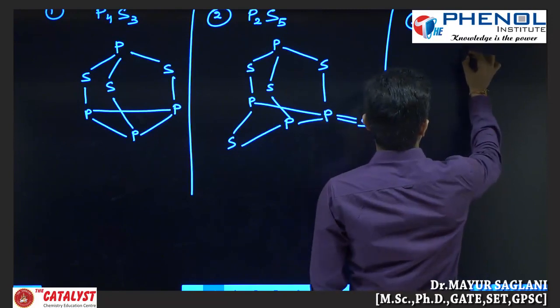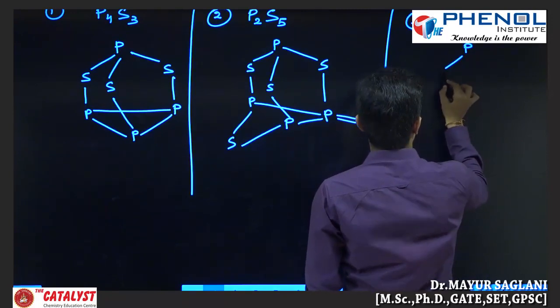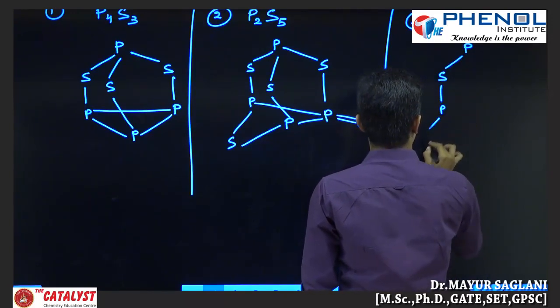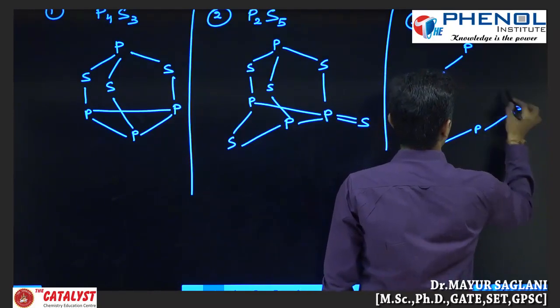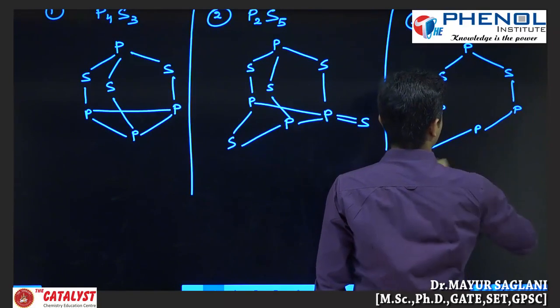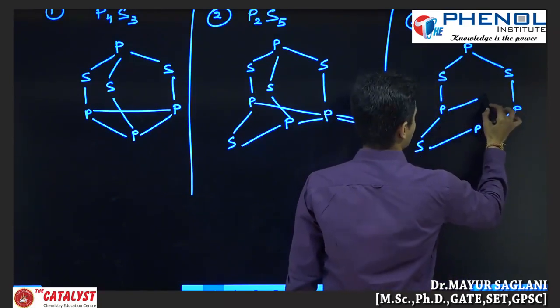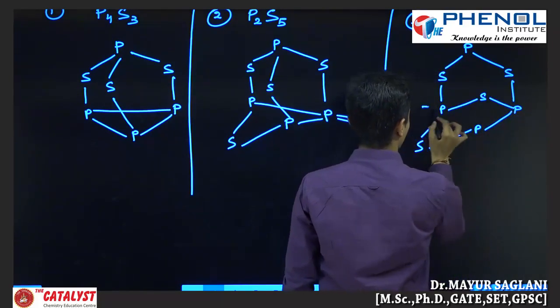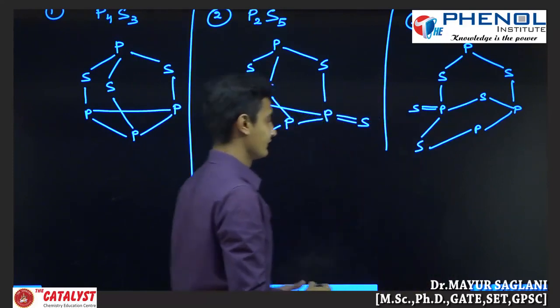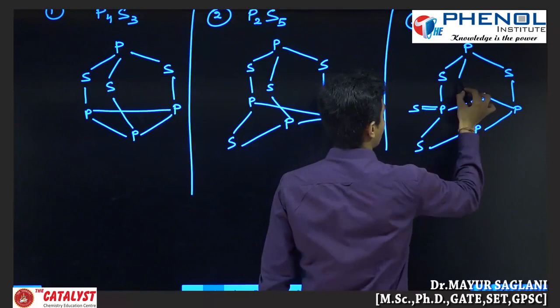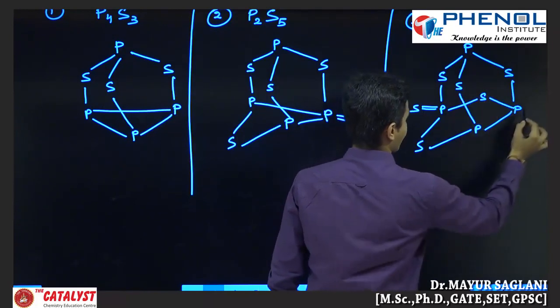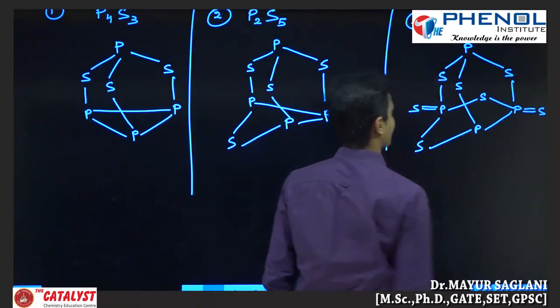So the structure would be P S P S P, again there will be 1 more P double bond S P. Fine, 1 sulfur atom added. I'll let you know which sulfurs are newer in this structure. Fine, and there is 1 P double bond S.